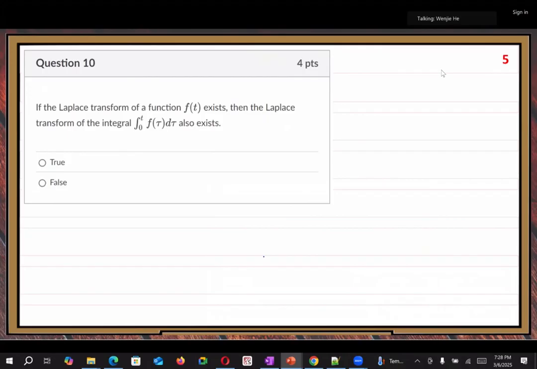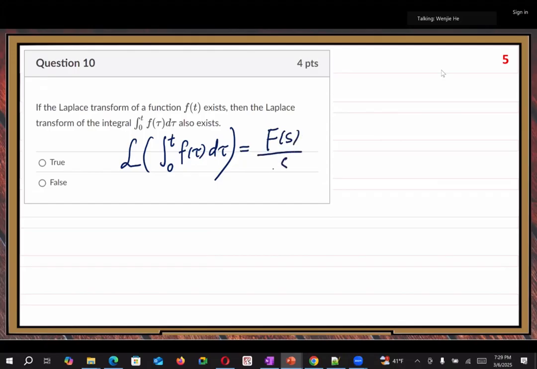Then, this is the question. You need to know that integral formula for the Laplace transform: the Laplace transform of the integral of this little f function equals capital F over S. Then you can answer this question easily.